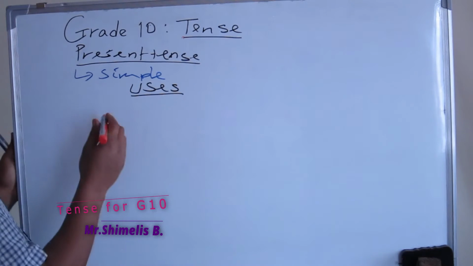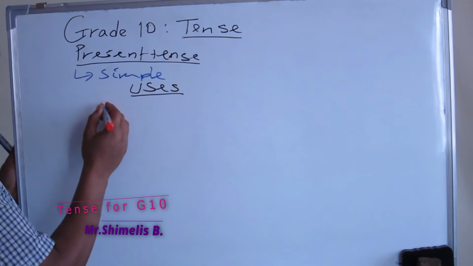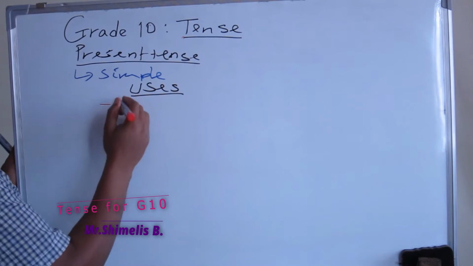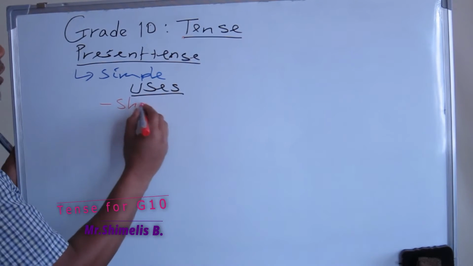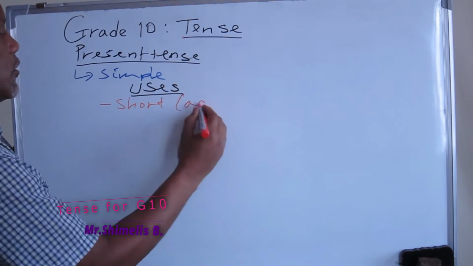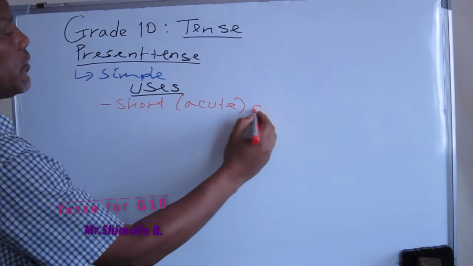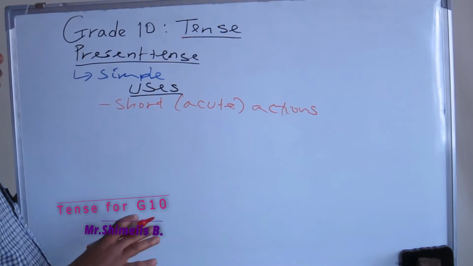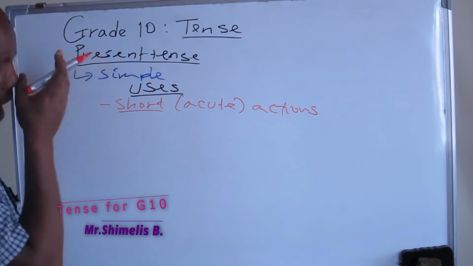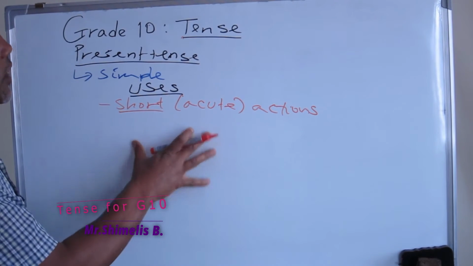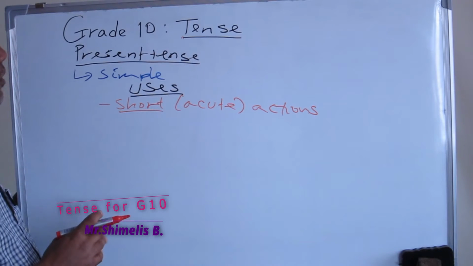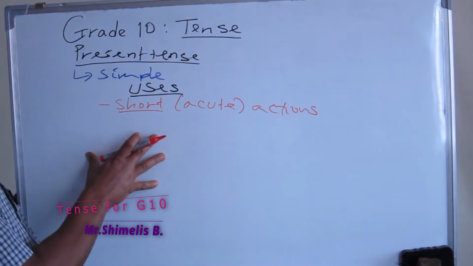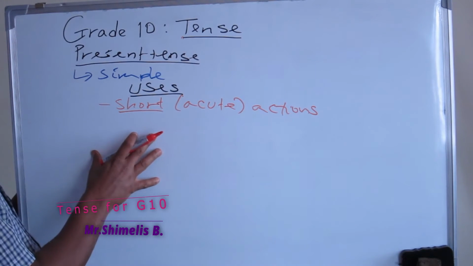The principal use of simple present tense is to express short or acute actions in present. This is the first and the principal use of present simple.